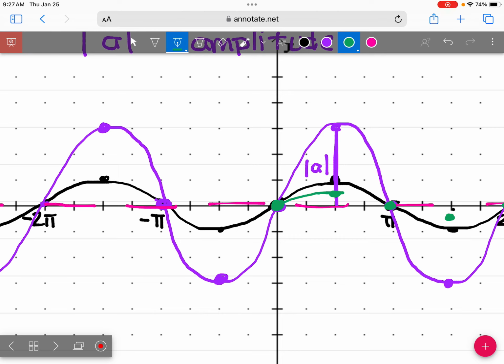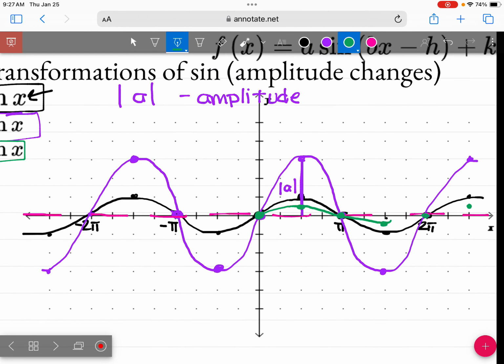Yep, it is smaller than my sine curve because our amplitude is a half, so it's been compressed. So it's very much like our stretch and compress back in the day of all the other graphs we've ever done. A is still doing a stretch or a compress. It's just hitting all the points.